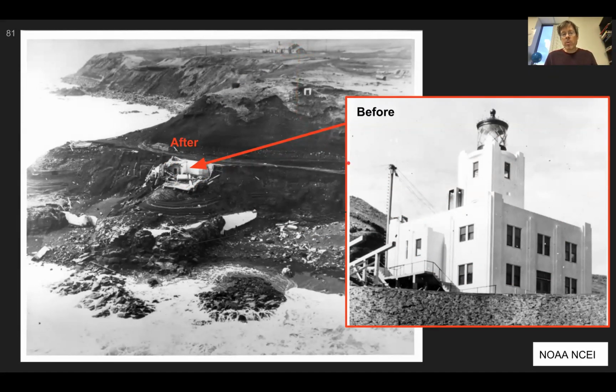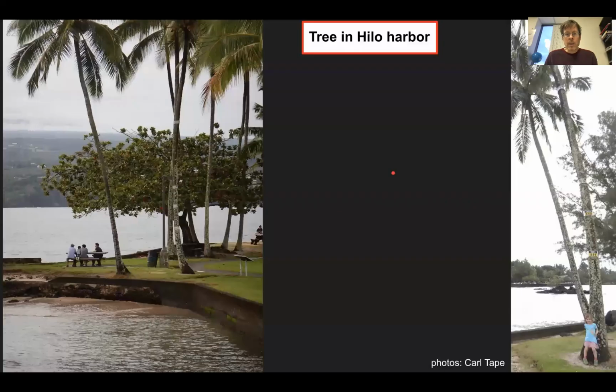This was caused by a tsunami that propagated across the Pacific Ocean and originated from an earthquake, from motion on the megathrust. This shows a marking tree in Hilo Harbor in Hawaii. You can see this tree with a small girl standing there for scale. And you can see these marker signs on the tree.